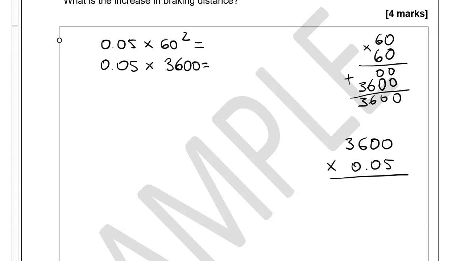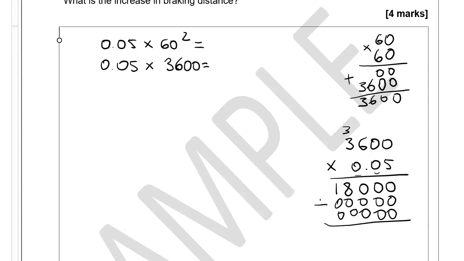So starting with the 5, 5 times 0 is 0, 5 times 0 is 0, 5 times 6 is 30, so 0 down and 3 carried over, 5 times 3 is 15, and the 3 is 18. Now the rest of these are zeros, so they'll just get zeros underneath. You don't even need to add them.